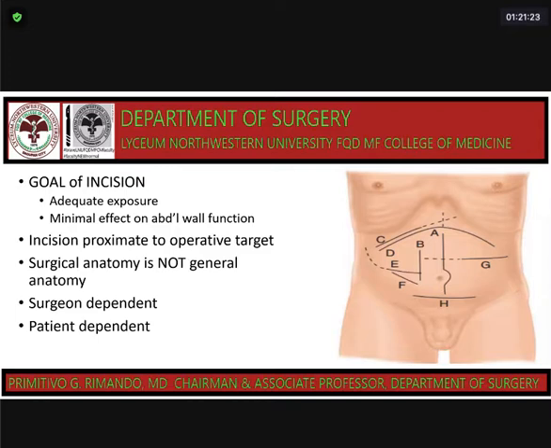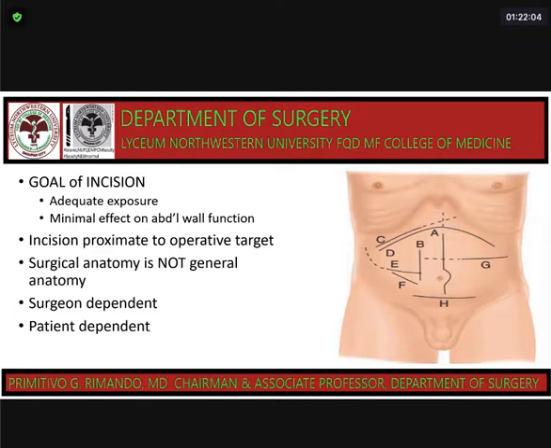While if you do a paramedian, you cut through the anterior rectus sheath, you cut through the rectus muscle, you cut through the posterior rectus sheath before going into the peritoneum. When you start closing, you actually repair in several layers. This gives an advantage, because it will lessen the risk for dehiscence. So those are considerations in terms of the patient.